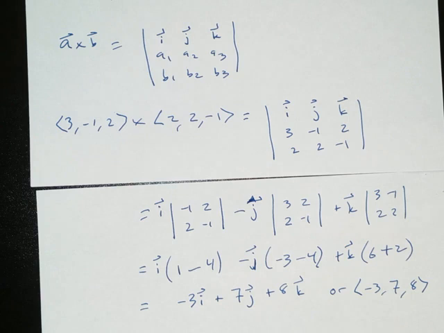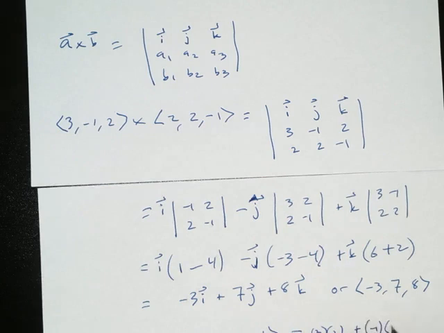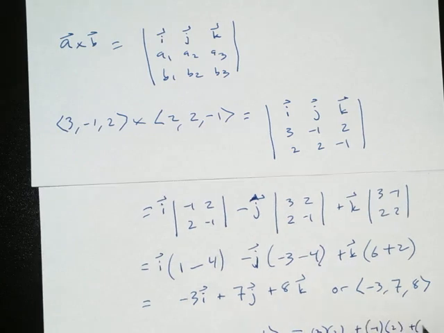Questions? Yes, sir. So you're using two vectors with a cross. How does this differ from the dot product? Because the dot product gave me a number, right? The dot product says, take these two vectors, let's say <3, -1, 2> dot <2, 2, -1>, is 3 times 2 plus -1 times 2 plus 2 times -1.